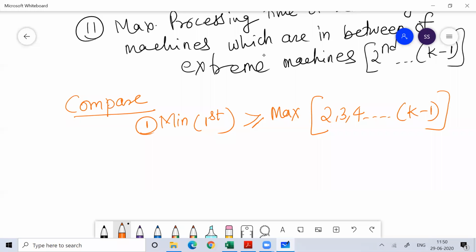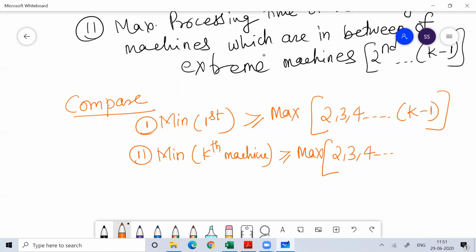So you'll compare the minimum processing time of the first machine with the maximum processing time of the remaining machines, but not the last machine. Or you will compare with the minimum processing time of your last machine. Suppose the last machine is the kth machine, and that should be more than or equal to the maximum processing time of all the machines from the second to the second last machine. So you will make a comparison.